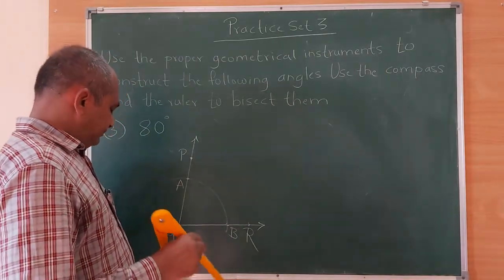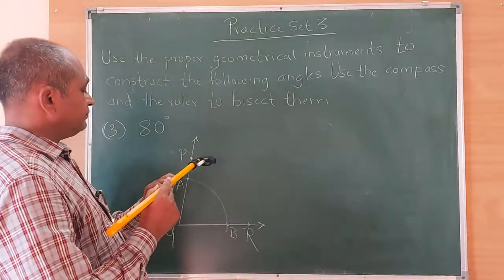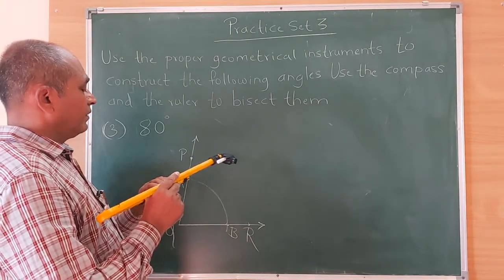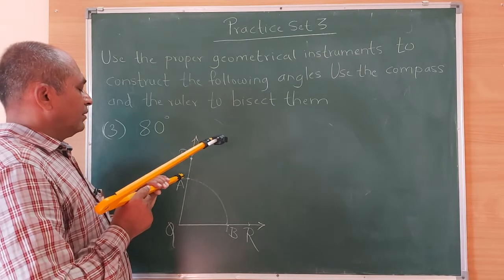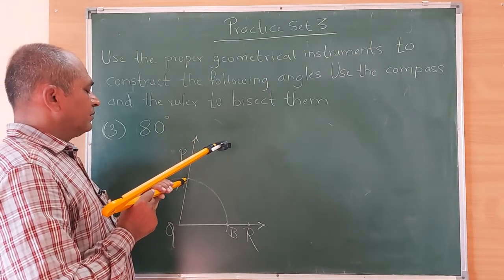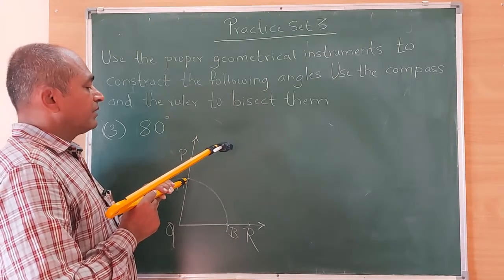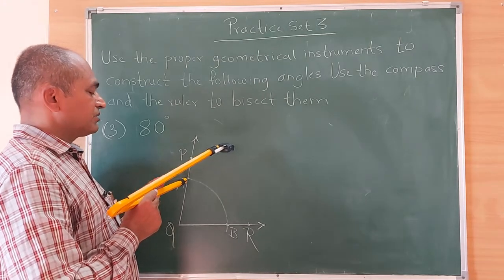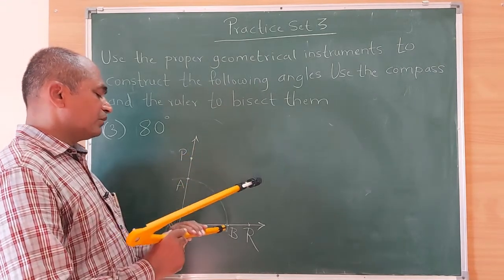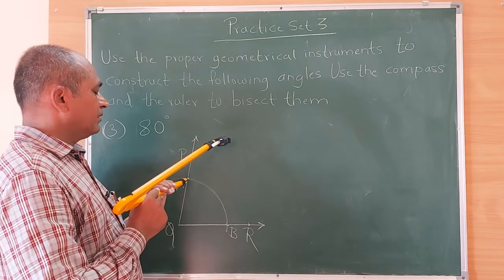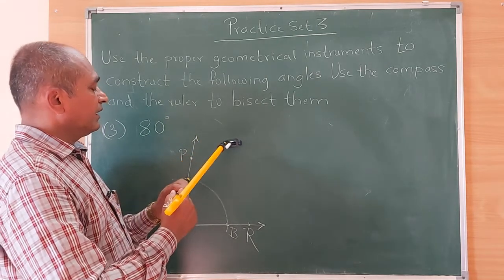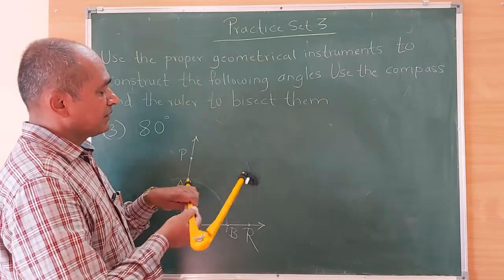Now here again, taking some convenient distance, put the point of your compass on one of the intersection points. You can keep it on A also, and you can keep it on B also. So first I will keep it on the point A, and inside the angle I will draw one arc.